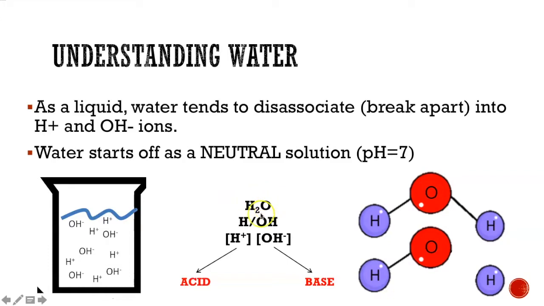Looking at this dissociation, the H plus is what ends up being called an acid, and the OH negative is what ends up being called a base. If something produces H pluses, it's an acid. If something produces OHs, it's a base. Let's dive a little deeper into each of those.